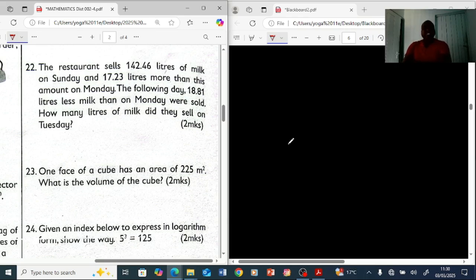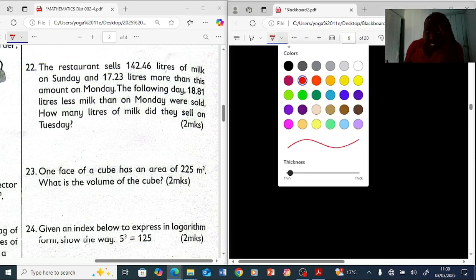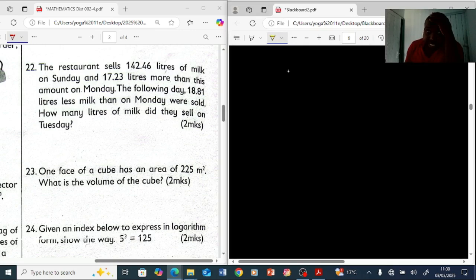How many liters of milk did they sell on Tuesday? So here you just need to understand the language, use the English, just try to understand the language. The restaurant sells these liters of milk on Sunday, and these liters more than this amount on Monday.